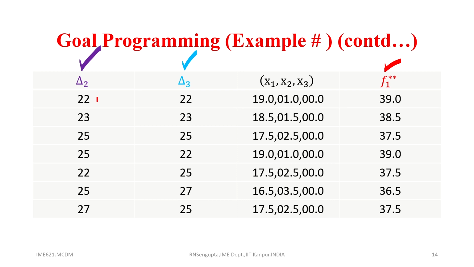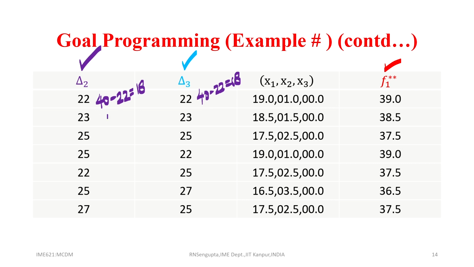Now, I take a value of delta 2 22, delta 3 22, which means the left hand side would basically be 40 minus 22, so that means less than equal to 18. This is 40 minus 22 is equal to 18.